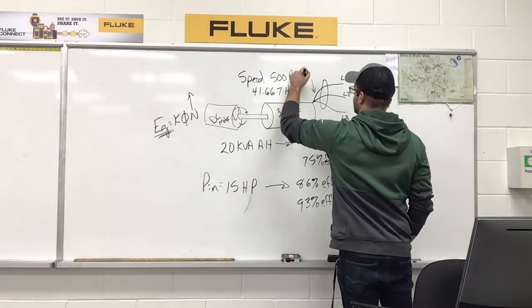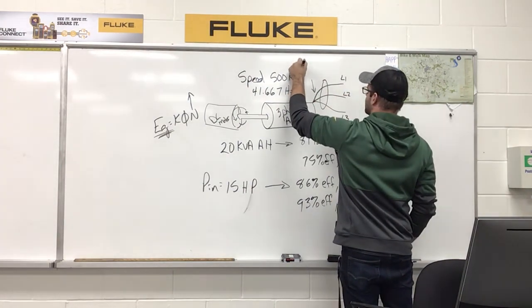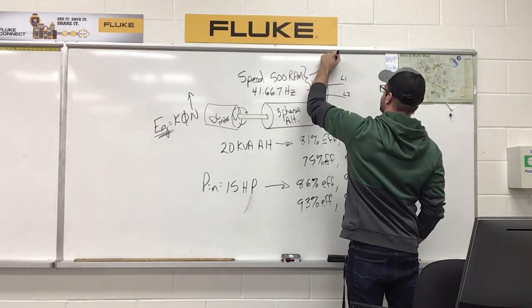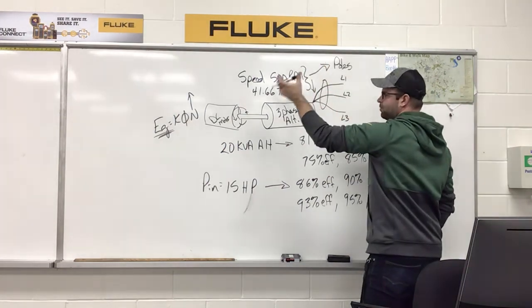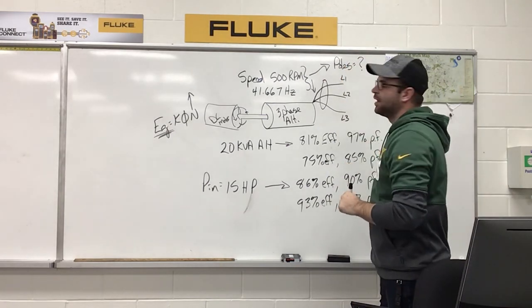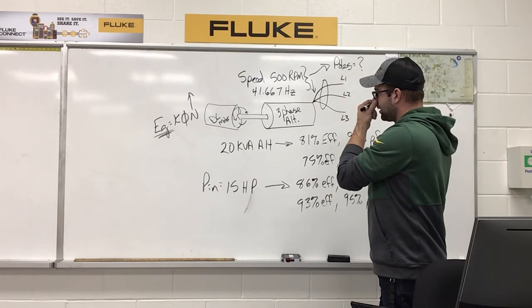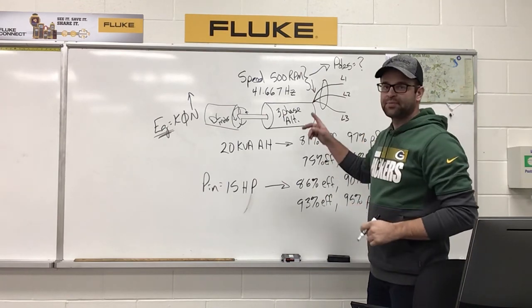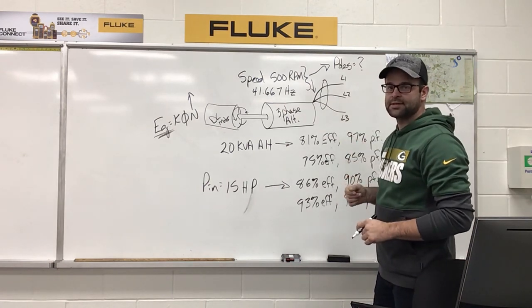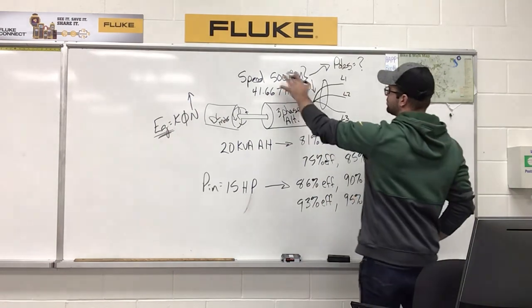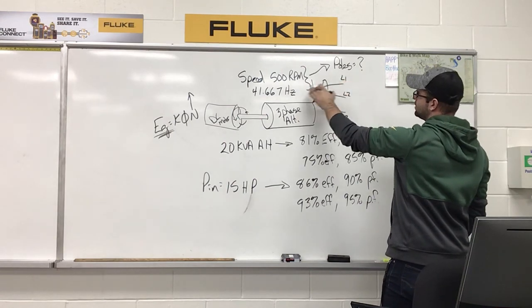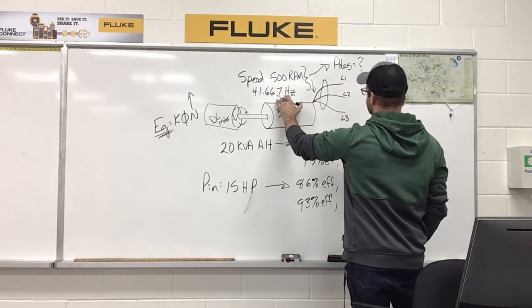So from this, I want you to tell me the number of poles, so pole pairs, what that is. And then on top of that, I want to know how much faster that alternator needs to go to get an output of 60 hertz. Okay, so doing this will let you know how many poles there are, and then I want to know how much faster you need to go to get that to 60 hertz.